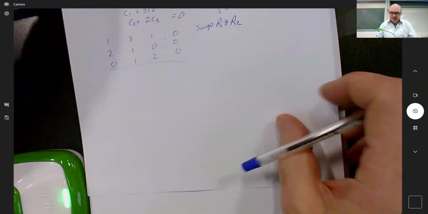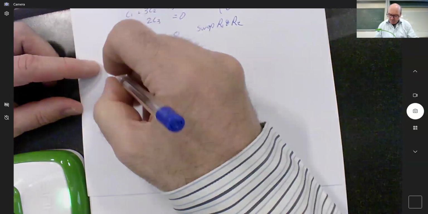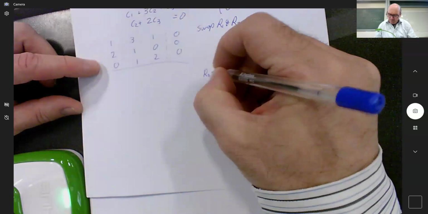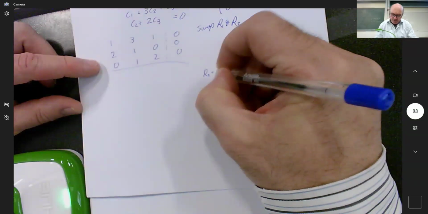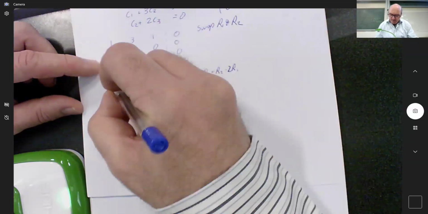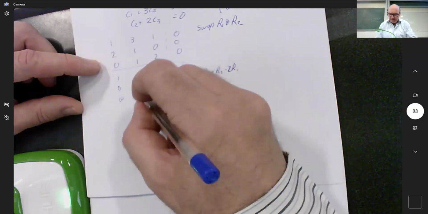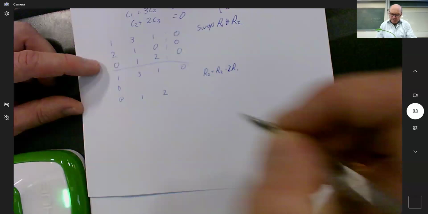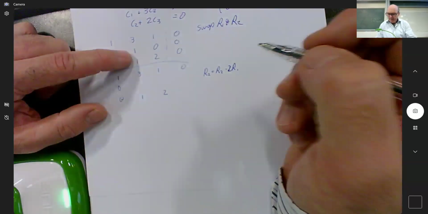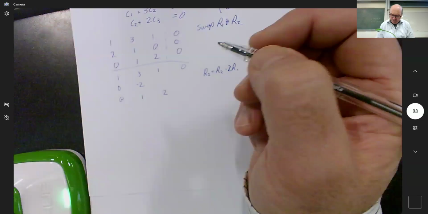Nothing says I can't do that. And then I'm going to go row 2 is equal to row 2 take 2 row 1. So I'm going to have 1, 3, 1, 0, 0, 0. I didn't change row 3. So I've got this, and so I'm going to have 1 minus 3 is going to be minus 2. 0 minus 2 is minus 2.